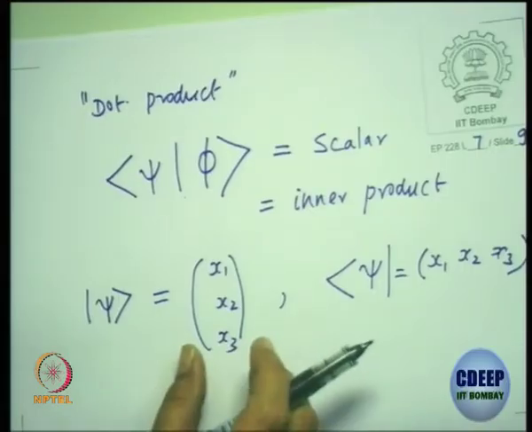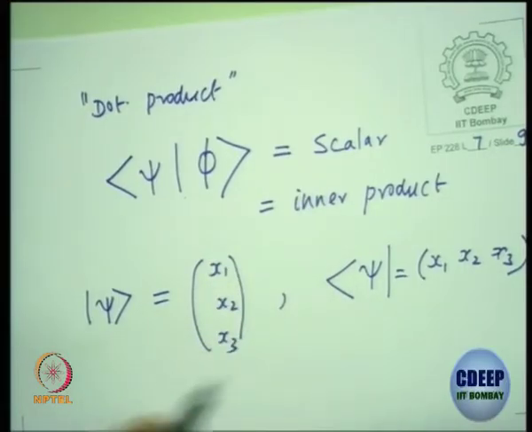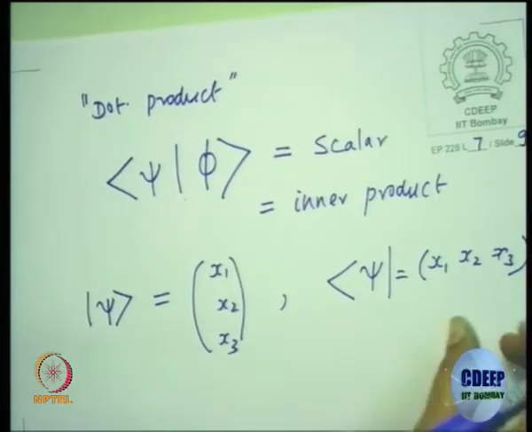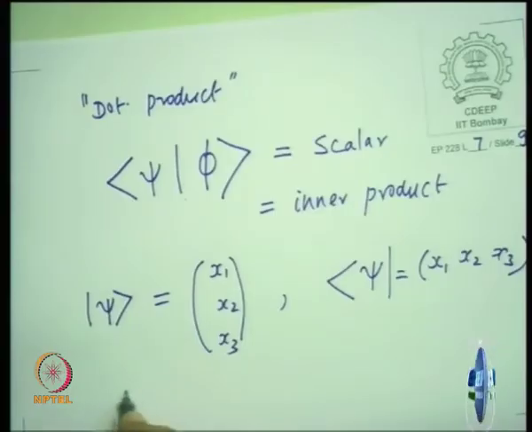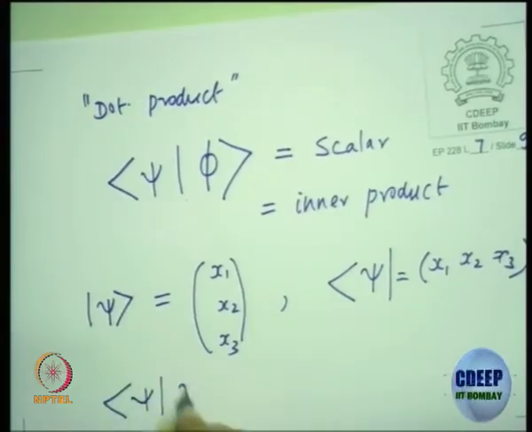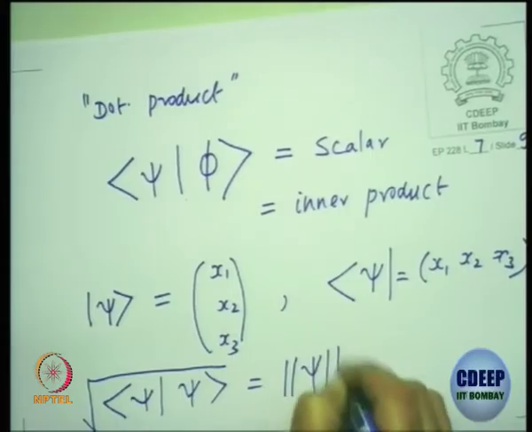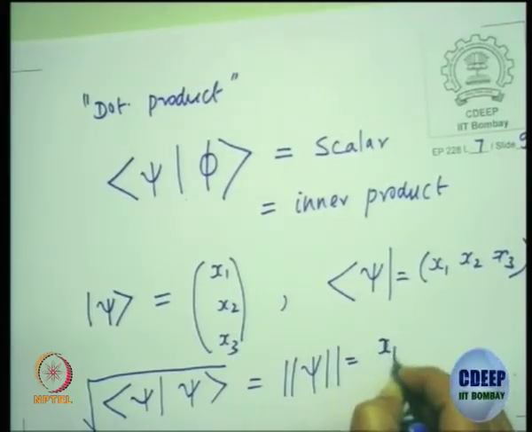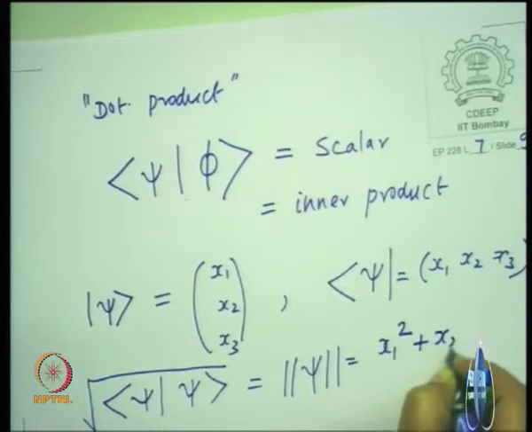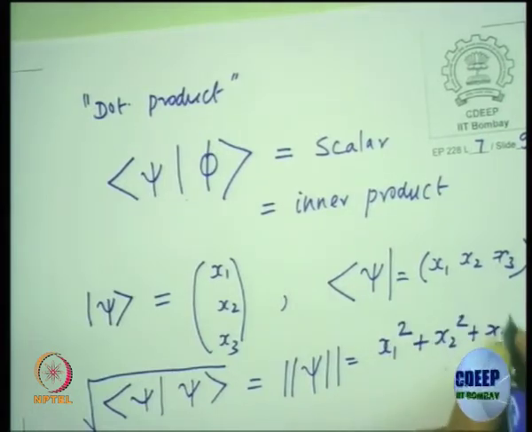R3 is a real vector space because the entries are all real, and you know what the length of the vector is when I ask, which is the square root of this, which we denote by norm of psi. That is just x1 squared plus x2 squared plus x3 squared.